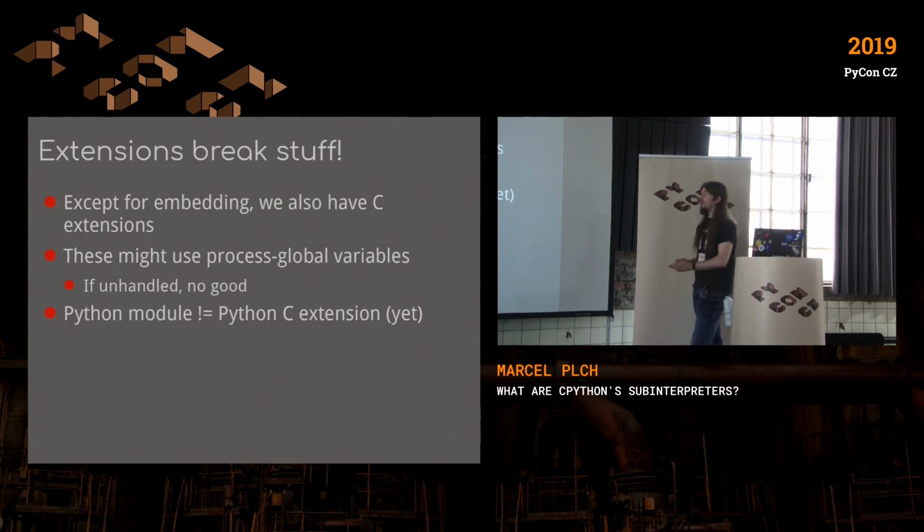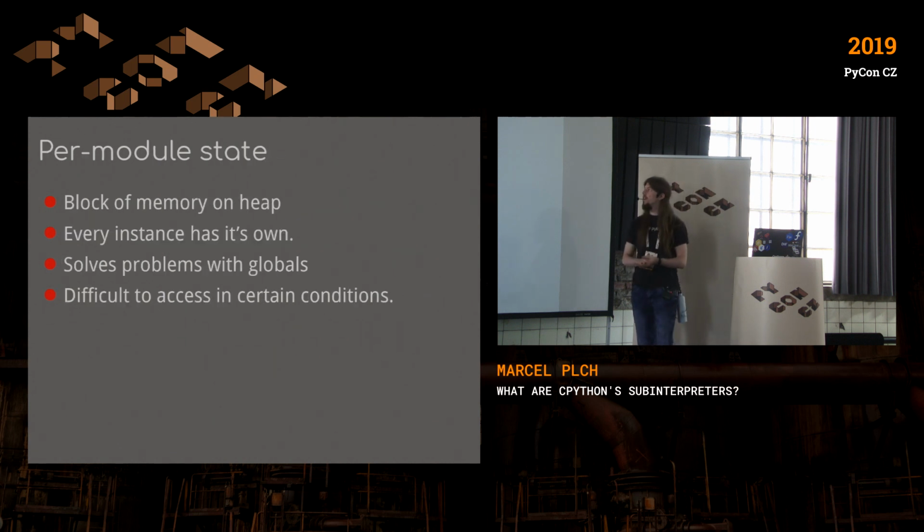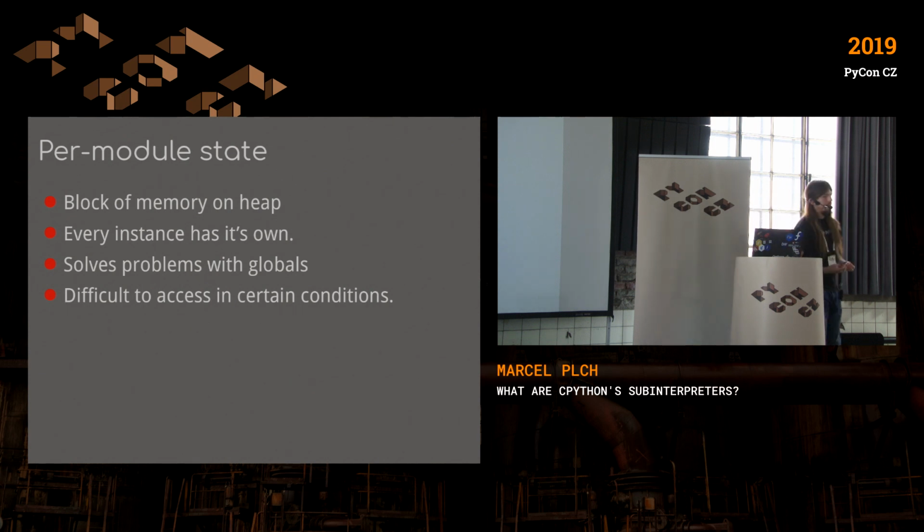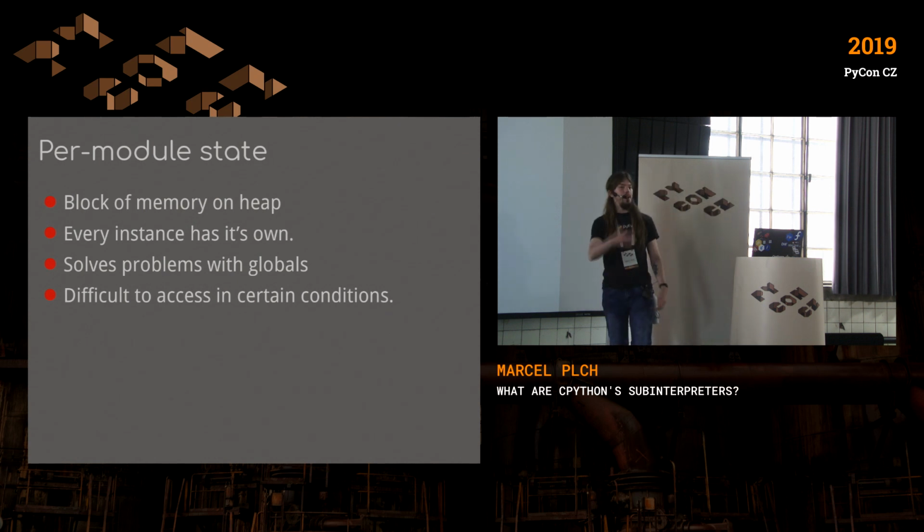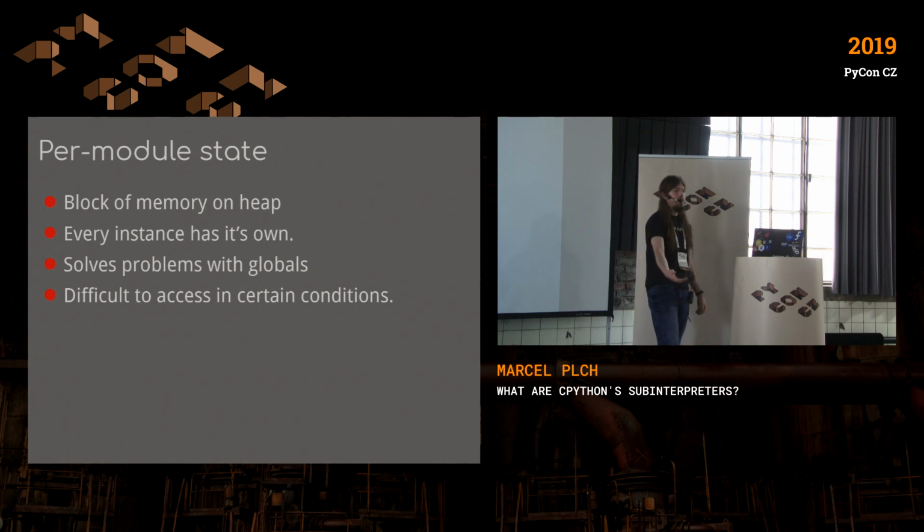So there is this thing that's called PerModule State, and you can tell the import mechanism as a module that, hey, I am a module and I would like 8 bytes on the heap just for myself. And the import machinery will say, all right, here are 8 bytes just for this instance of this module, and you can use it as you want.